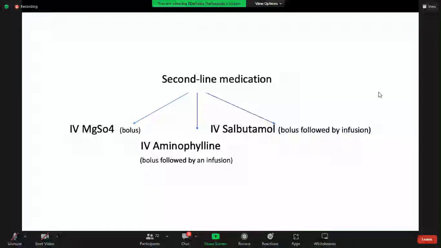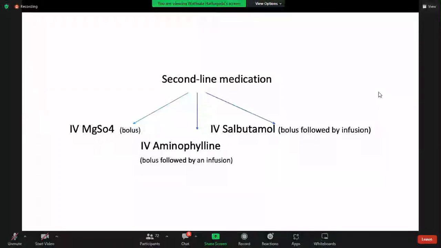So what's the problem with IV salbutamol? What are the side effects? Normally the expected side effects are, madam, the increased sympathetic activity causes tachycardia and tremors, but the problem is it can cause hyperkalemia as well. It causes hypokalemia, sorry.